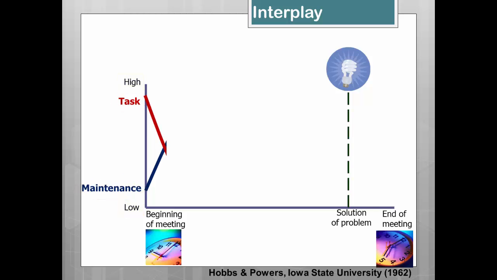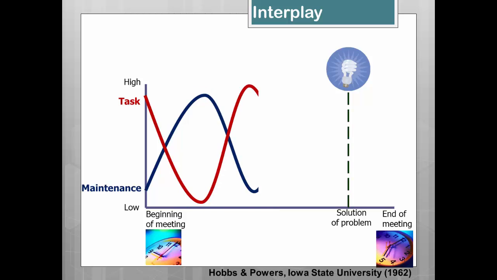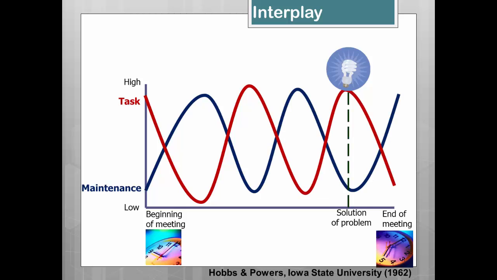As the meeting progresses, the emphasis on task fades and the members start playing their maintenance roles, so we would plot them higher on maintenance role performance and lower on task role performance. Then they start emphasizing task behaviors again, because after all, there's work to be done, and the maintenance roles fade.